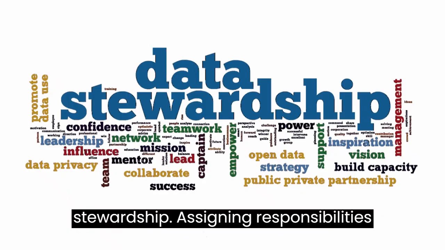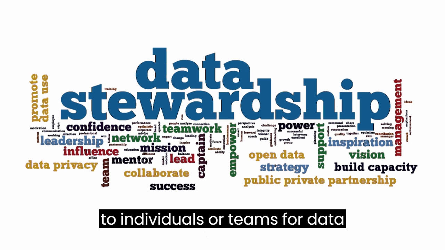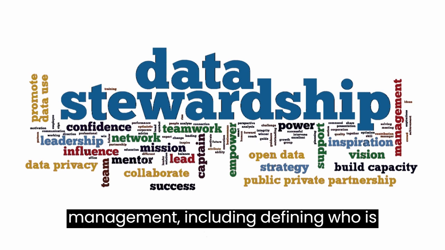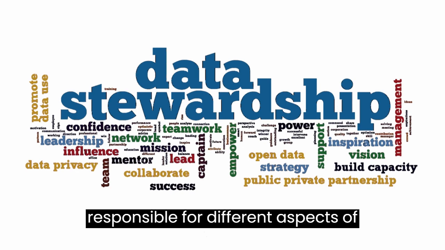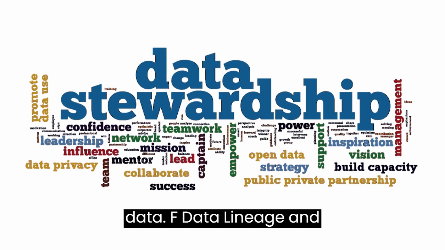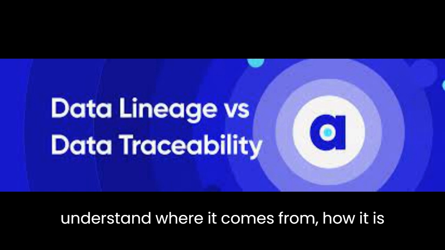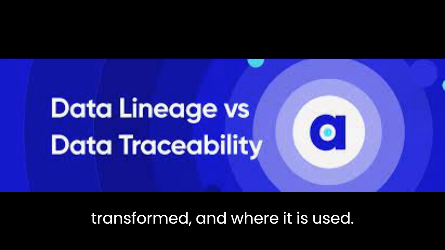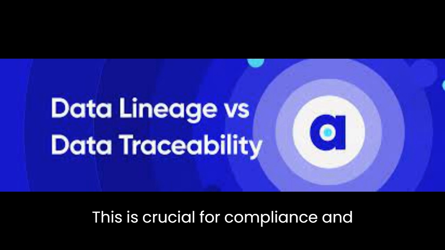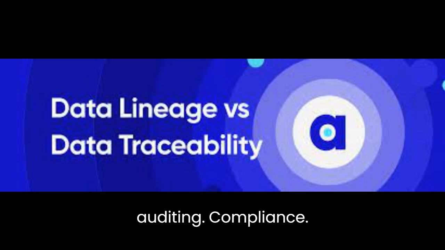E. Data stewardship, assigning responsibilities to individuals or teams for data management, including defining who is responsible for different aspects of data. F. Data lineage and traceability, tracking the flow of data to understand where it comes from, how it is transformed, and where it is used. This is crucial for compliance and auditing.